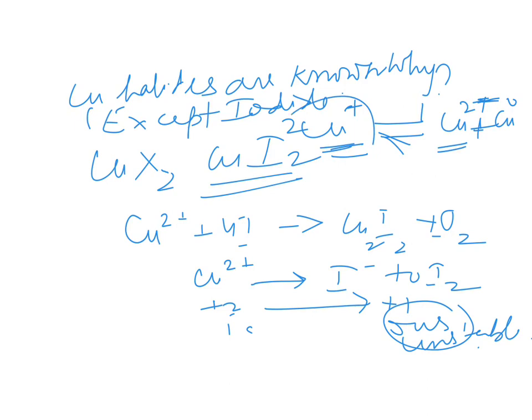It never remains as cuprous, it always goes to cupric as it is unstable. Because it undergoes disproportionation, this copper 1 compound is unstable and you don't get this type of compounds. CuI2 is not found.